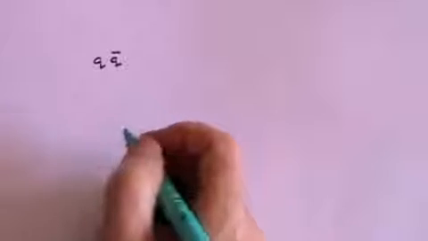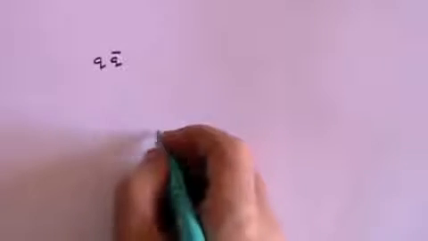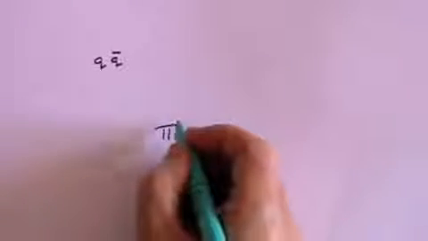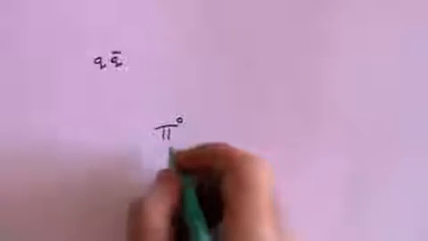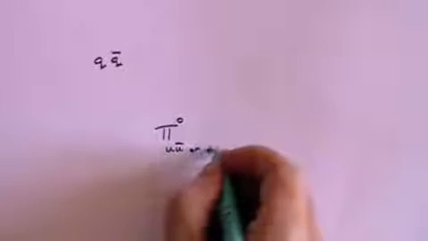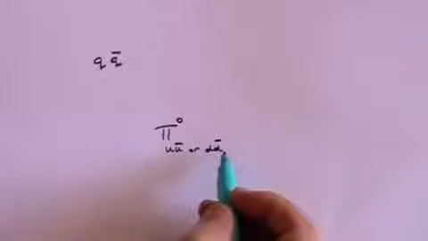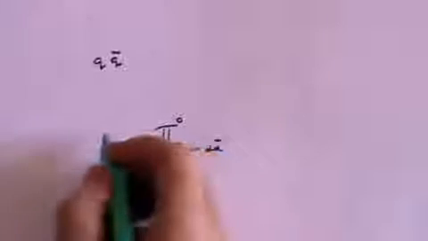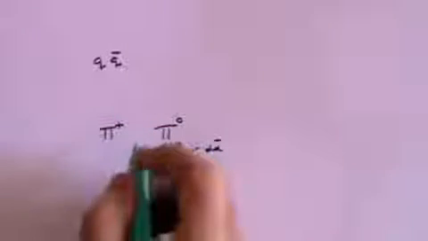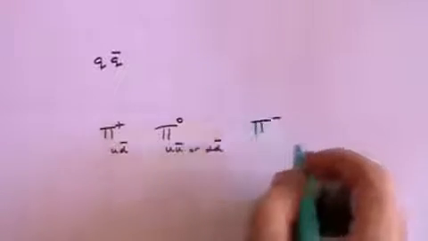So, for example, you can produce a complete table. You can have what's called a pi 0, which is an up, anti-up, or down, anti-down. So up, anti-up, or down, anti-down is a pi 0. A pi plus has an up, anti-down. And a pi minus has a down, anti-up quark.